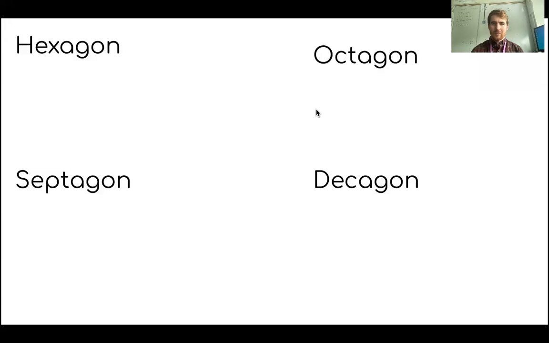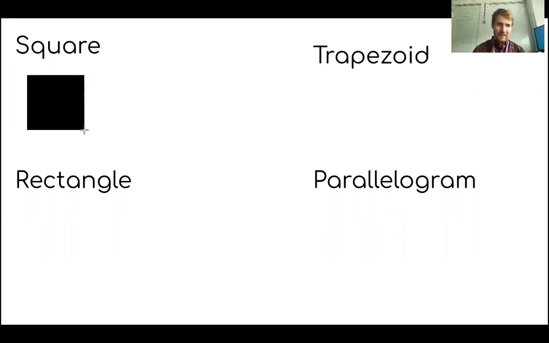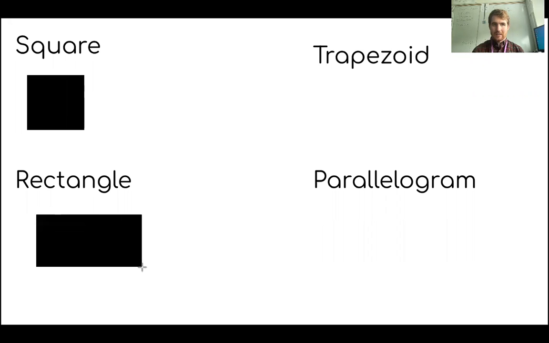Finally, we have some different kinds of quadrilaterals. So quadrilaterals, remember, are 4-sided shapes. A lot of these, you'll recognize them when you see them. We know what a square is, right? A square is something that has the same side length on every side. A rectangle is, a square is a kind of rectangle. A rectangle just has to have 4 perfect corners.